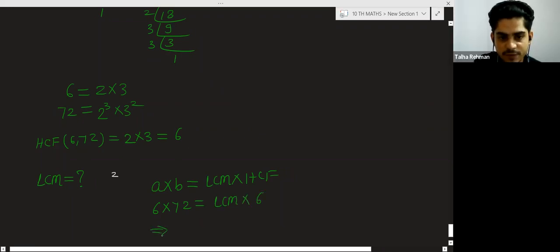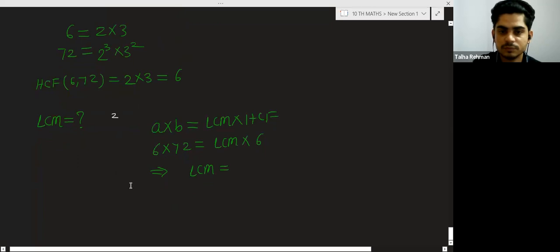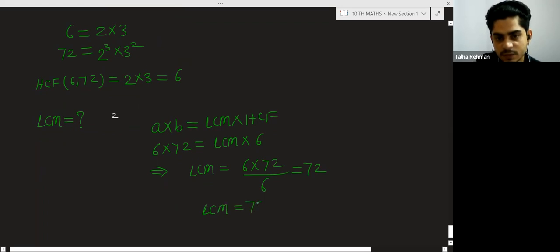So LCM will be 6 into 72 divided by 6, so LCM will be 72. In this way also we can find the LCM.